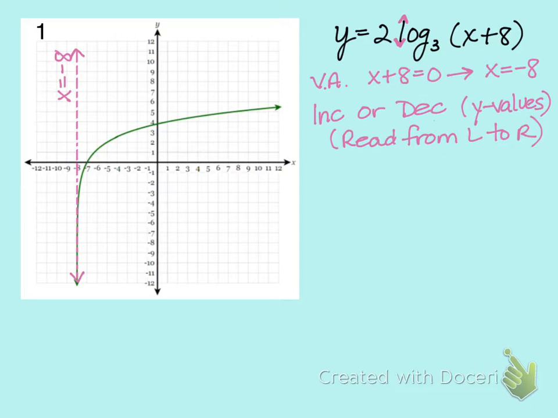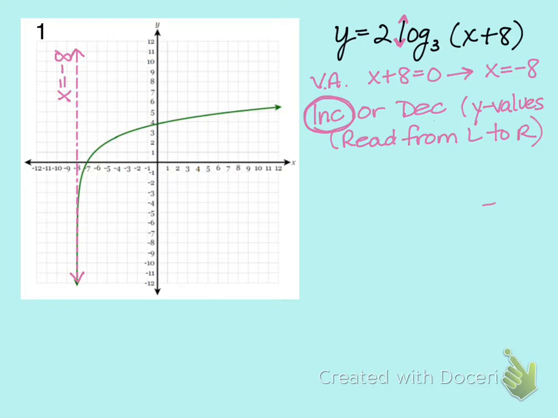If I trace my graph from left to right, I notice that my graph is continuously increasing. The y values are going up consistently, getting higher and higher. So in this case, our y values increase, so write INC in the chart.